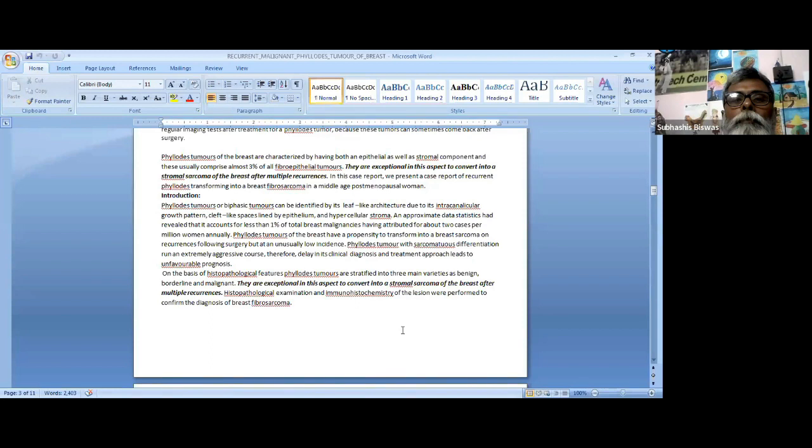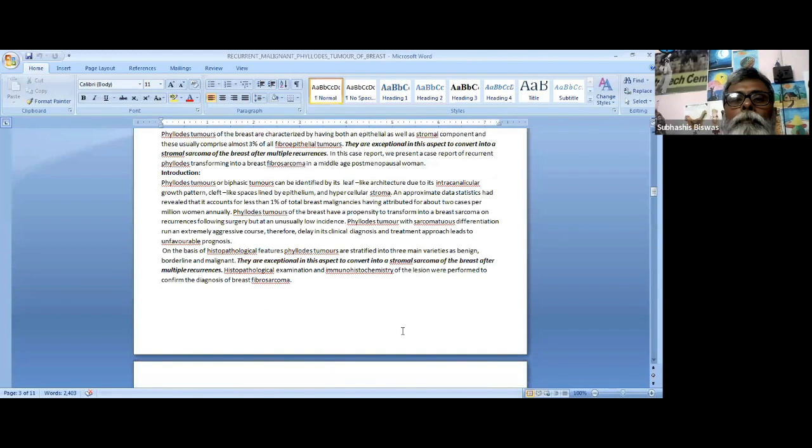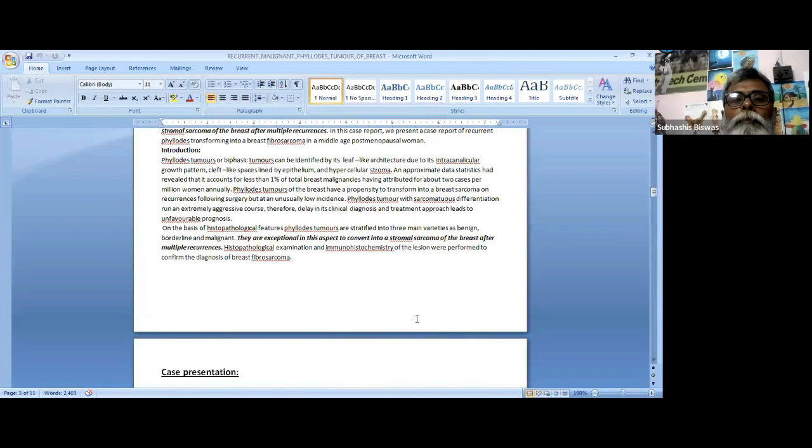On the basis of histopathological features, Phyllodes tumors are stratified into 3 main varieties: benign, borderline, and malignant. Histopathological examination and immunohistochemistry of the lesion were performed to confirm the diagnosis of breast fibrosarcoma.